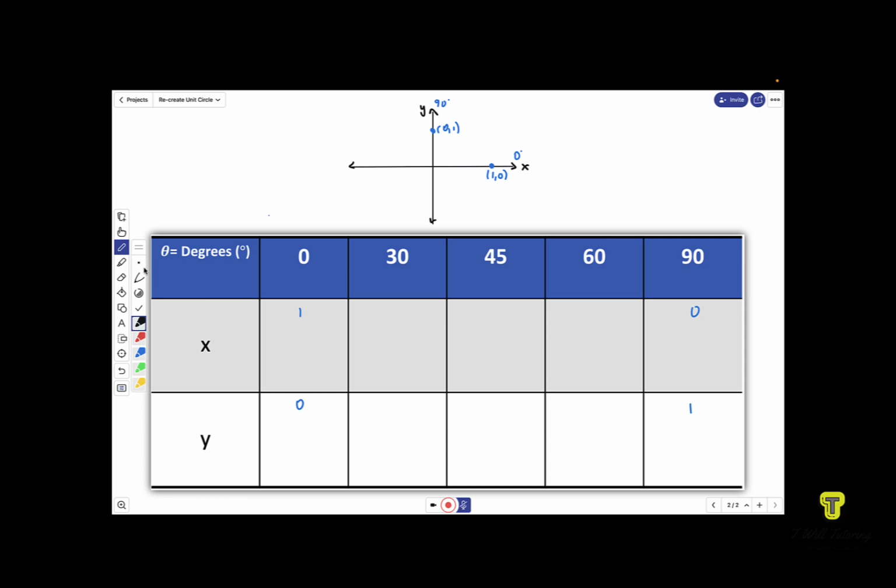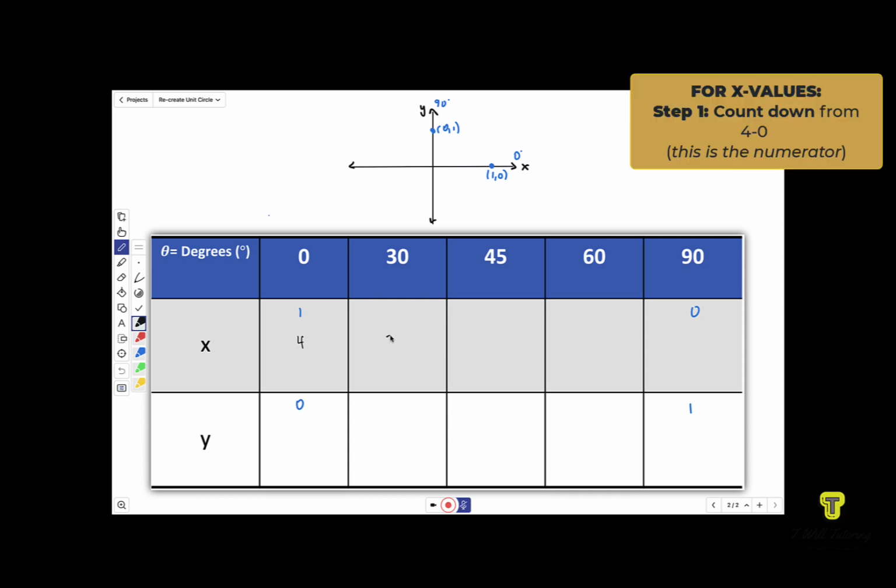All right, so in this case, for your x value, you're going to start from 4 and then count your way down. So 4, 3, 2, 1, 0. Okay.